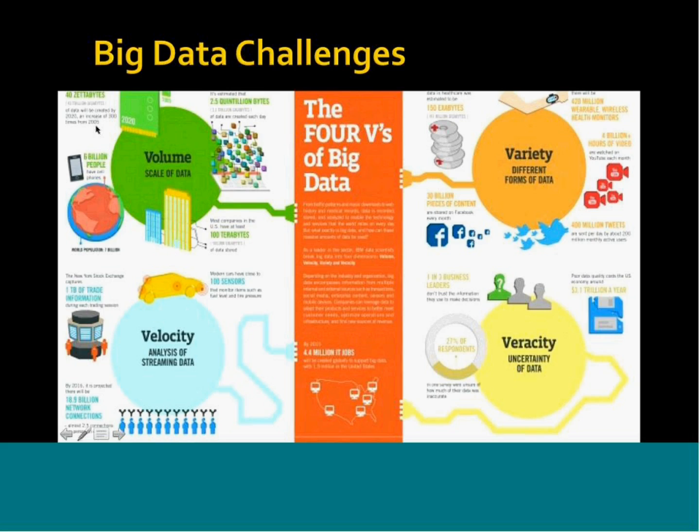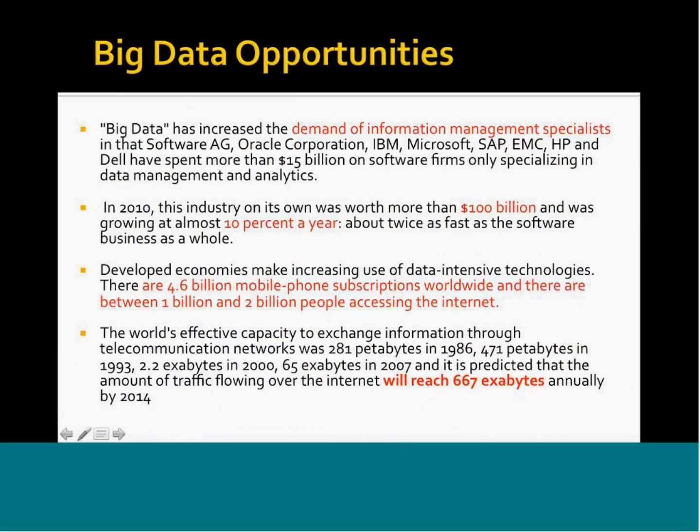First, plan the volume, plan the variety, plan the velocity, plan veracity, and then decide what set of tools you will be using. Is alignment or realignment of architecture actually required? If it is required, I have to go with what combination of tools, right? So these are the four challenges that we typically face in big data domains.